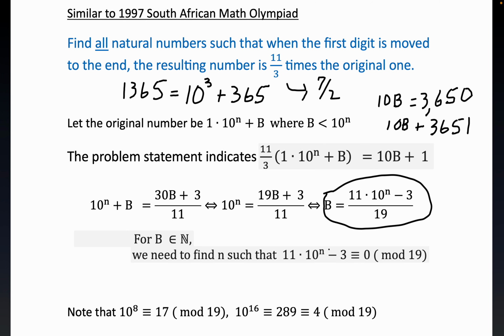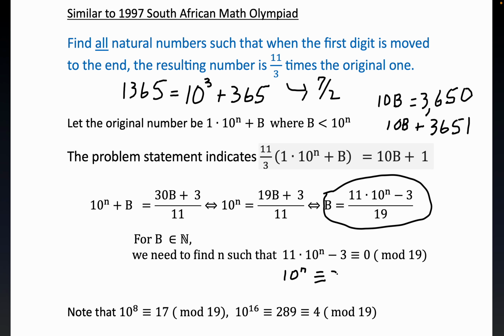But in that regard, we're looking for 10 to the n. Another way of saying this is we want 10 to the n to be congruent to 2. Right, folks?